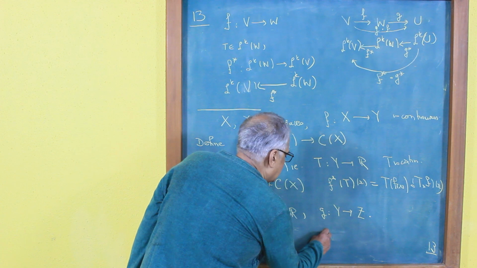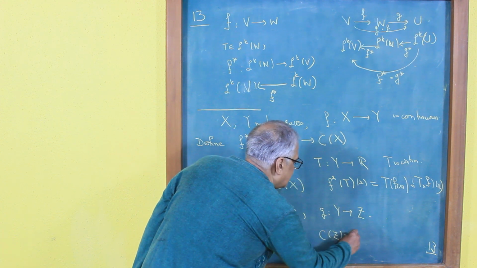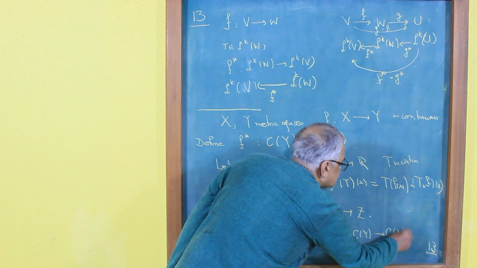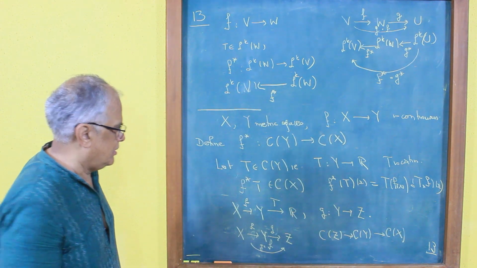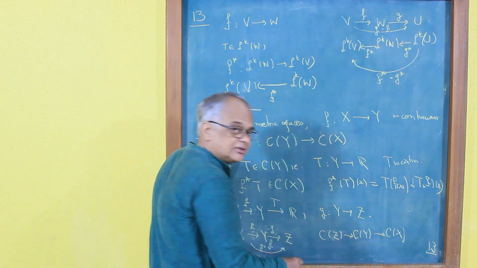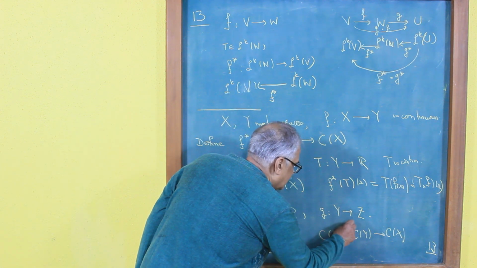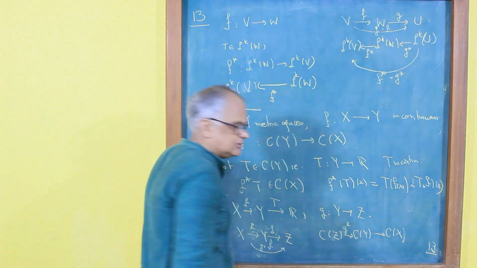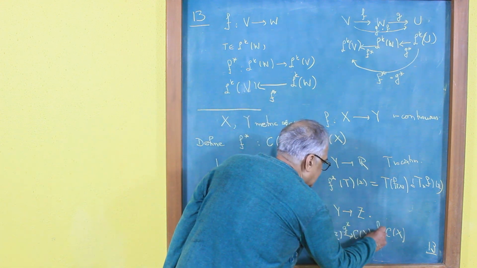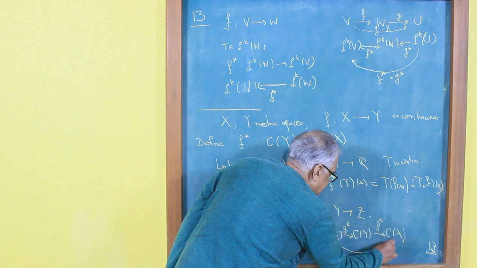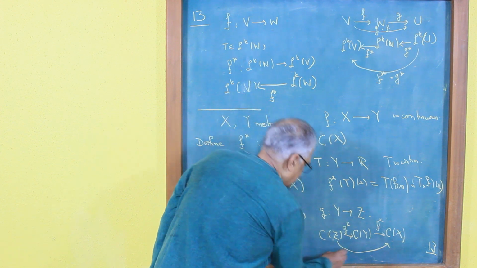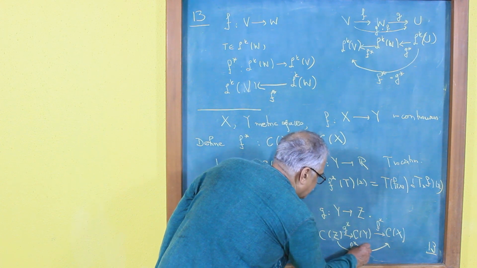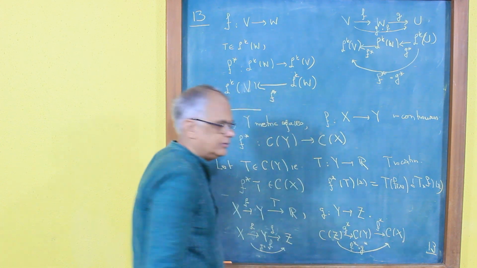I will have continuous functions on Z to continuous functions on Y to continuous functions on X. From continuous functions on Z to continuous functions on Y, I'll have G star. And from continuous functions on Y to continuous functions on X, I'll have F star. And this composition that I have here is F star composed with G star.